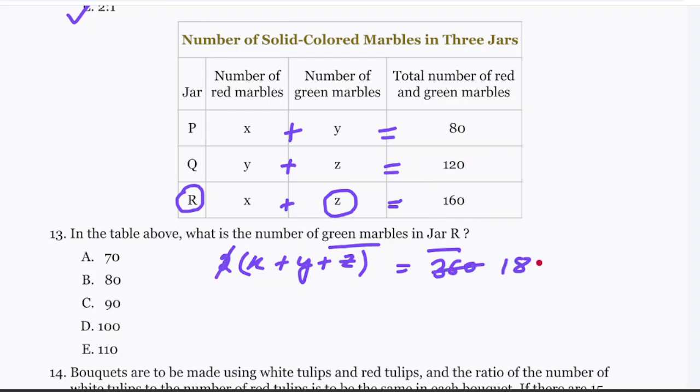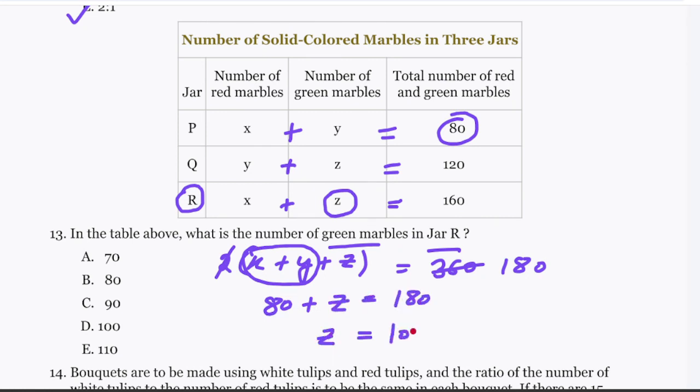That means X plus Y plus Z is 180. Now you have to find Z, and X plus Y, you know, is 80. So Z is equal to 100. That is right. Very good. Smart enough. So this is the answer. Clear? Yeah. 14th.